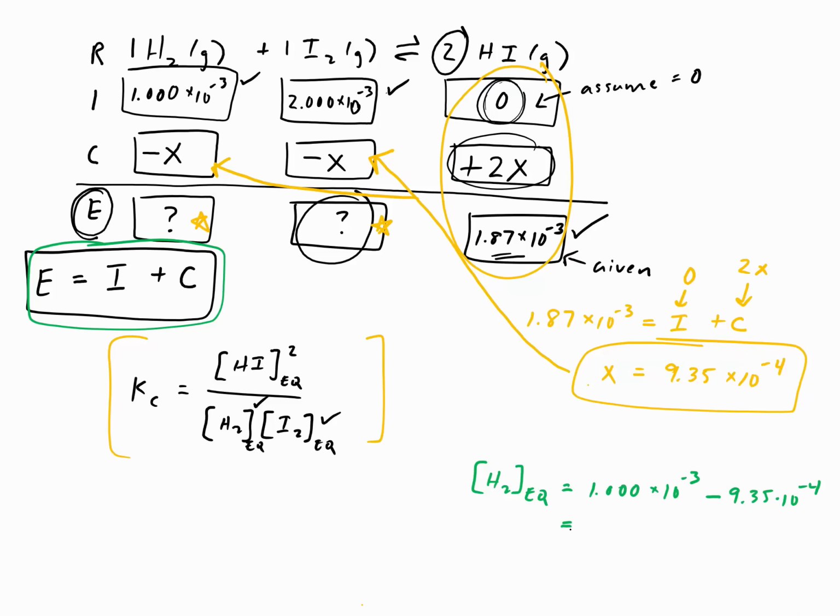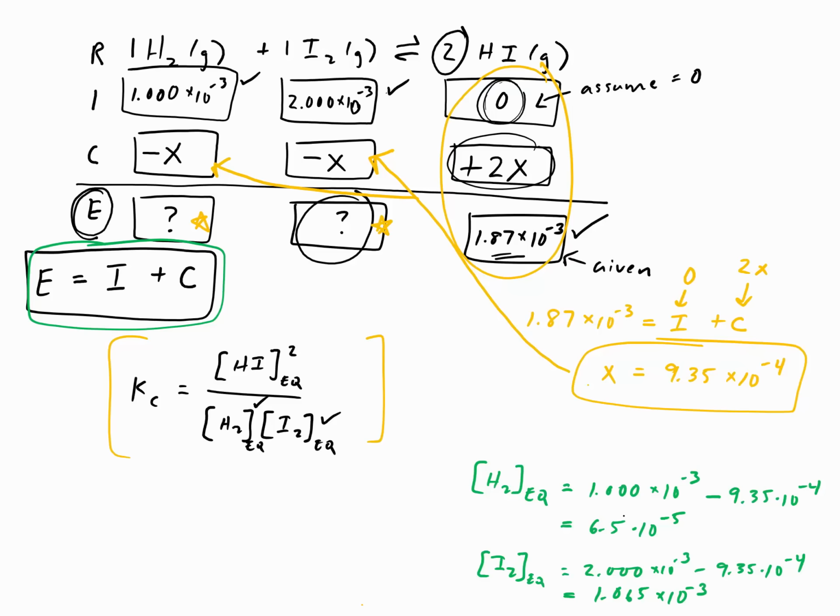So the H2 at equilibrium I get is 6.5 times 10 to the negative fifth, and then I2 at equilibrium is going to be 2 minus x, 9.35 times 10 to the negative fourth. And this number is 1.065 times 10 to the negative third.